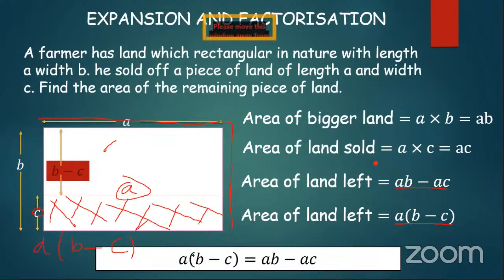When we expand A into B minus C, we get A times B minus A times C, and that would give us AB minus AC. Is it clear?